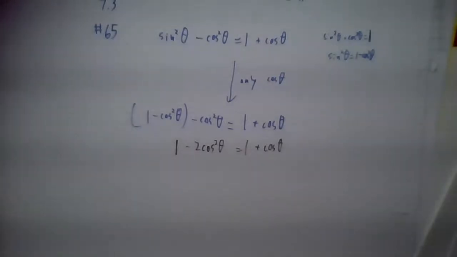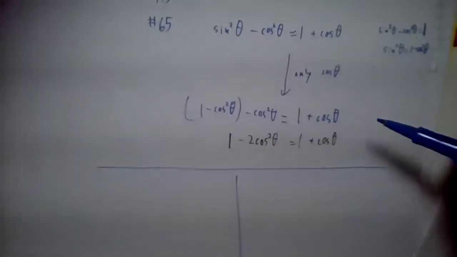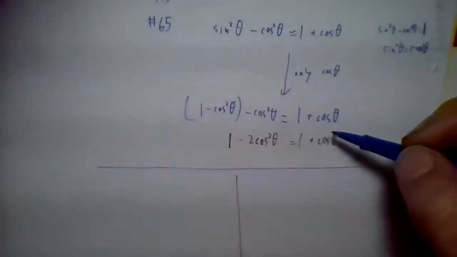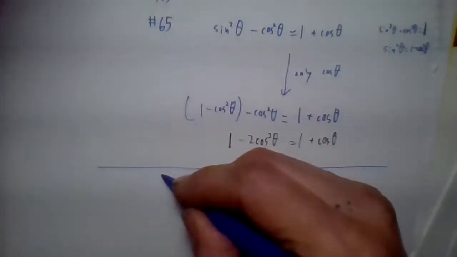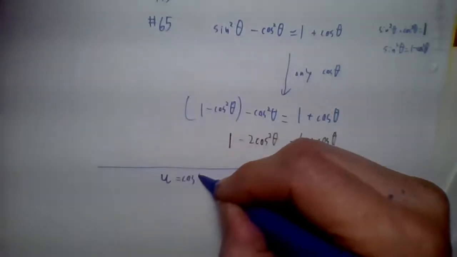So I'll give you two ways of thinking about this. From this point, where you've got it all down in terms of one trig function, here's two ways of thinking about this. The first is a handy idea to get used to. What if I just go to algebra land about it? So I'm going to just substitute in some other letter, u, in place of cosine theta so I can think this through.